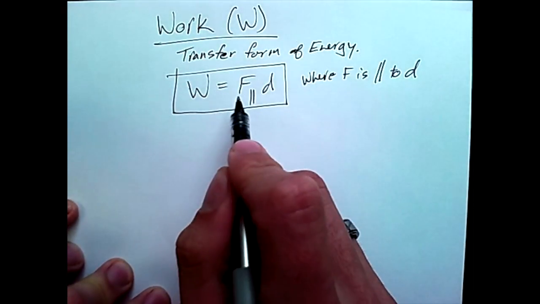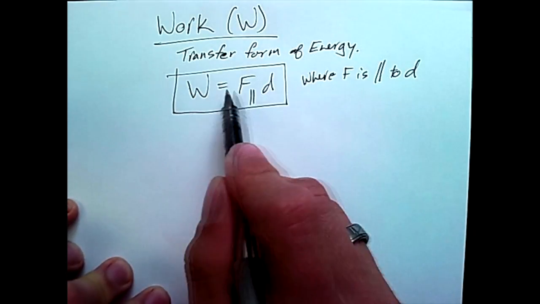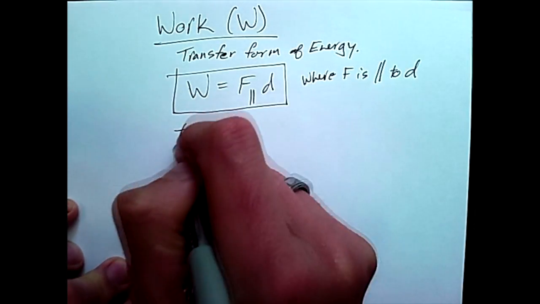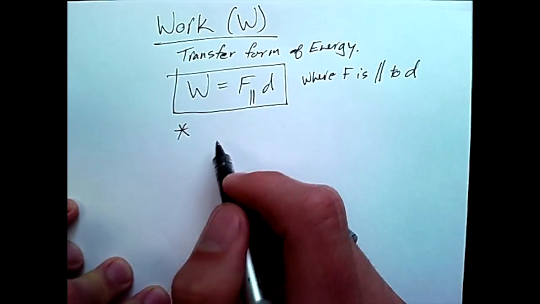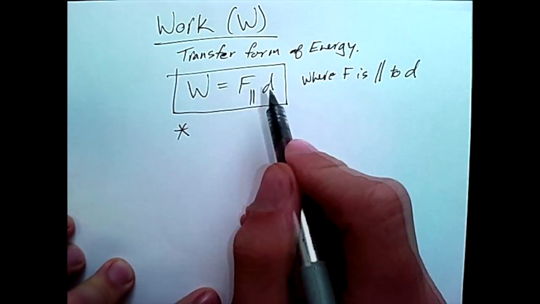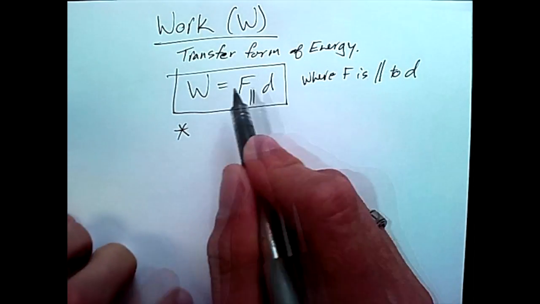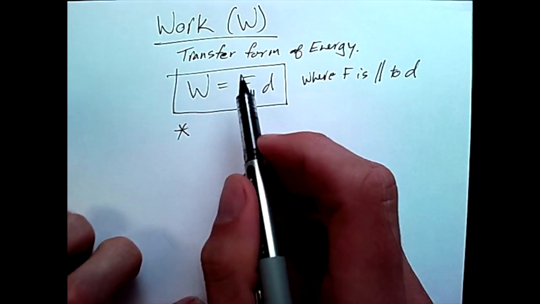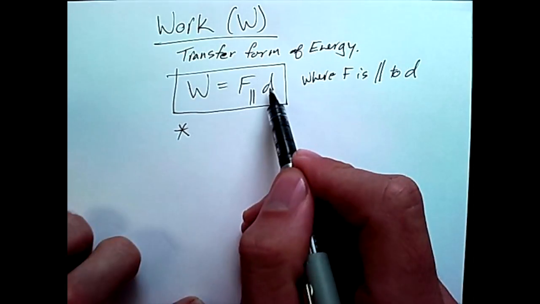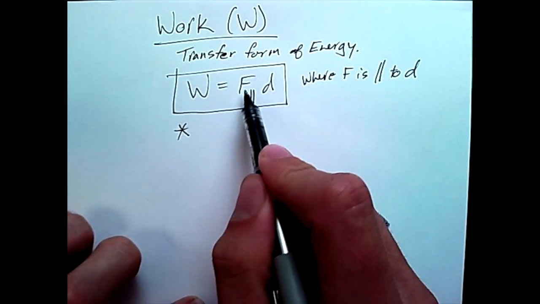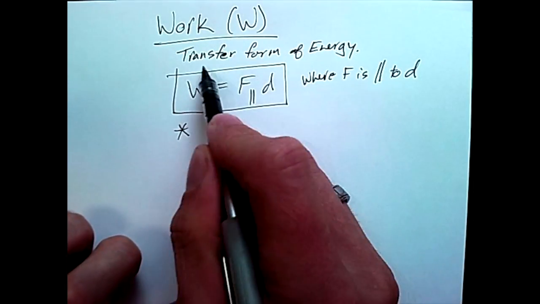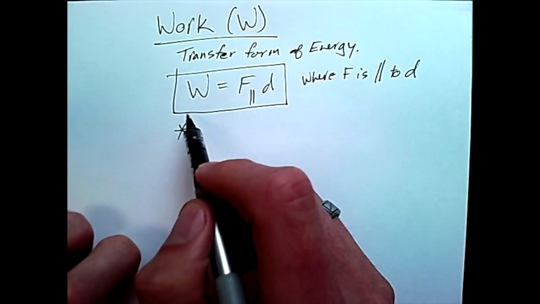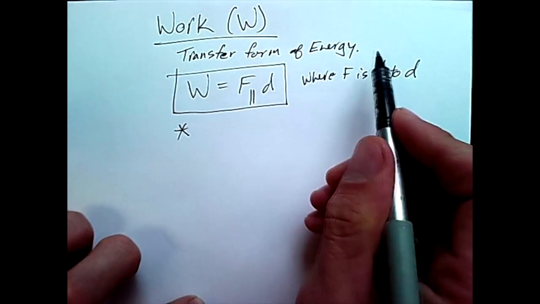In this particular case, it's important to note that this is a non-vector, right? There are no arrows above these variables because force is a vector, displacement is a vector, but the amount of energy that a system has is simply a value. And so the positive and negative signs in this case simply indicate whether or not we end up with a positive work or a negative work, which is simply a loss in energy, right?